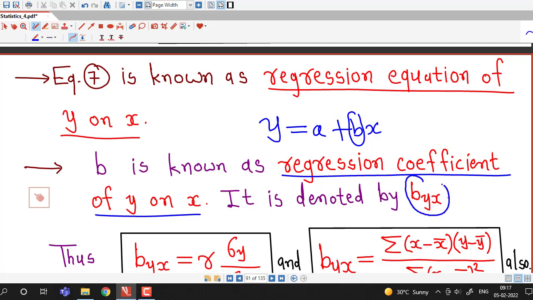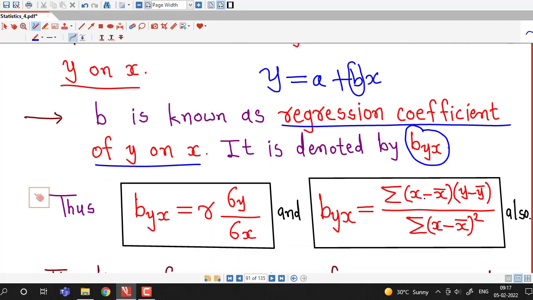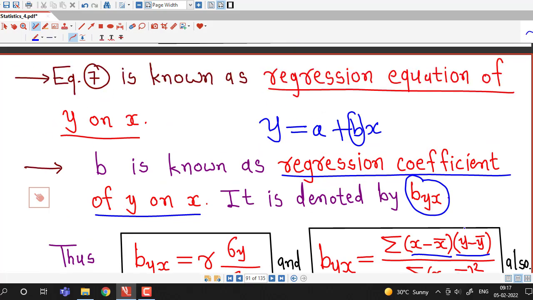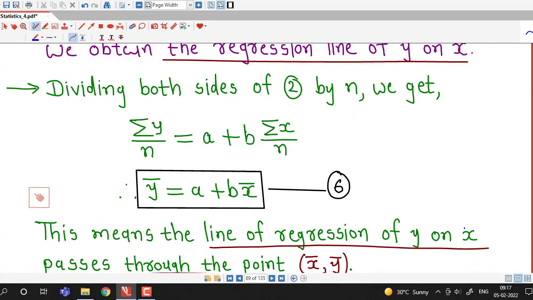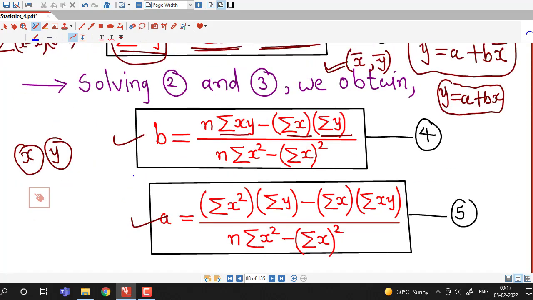It is denoted by b suffix yx. So we have shown that byx can be given by r times sigma y by sigma x, or byx can be given by sigma x minus x bar times y minus y bar divided by sigma x minus x bar square. And we have also shown that b can be given by this formula also.